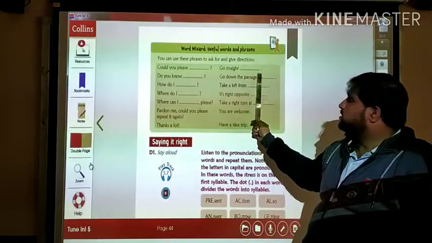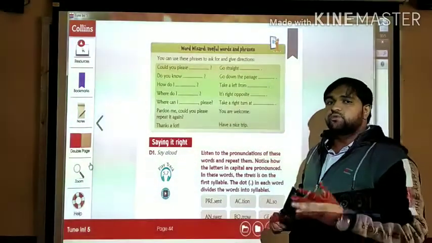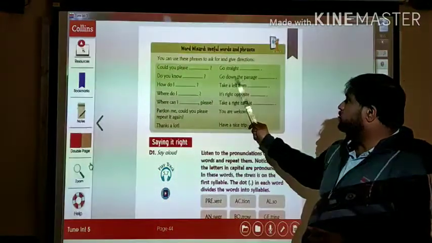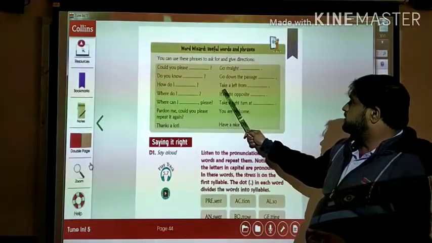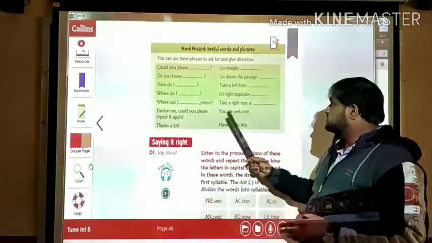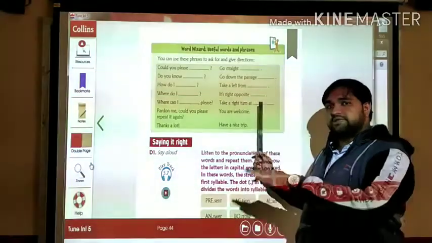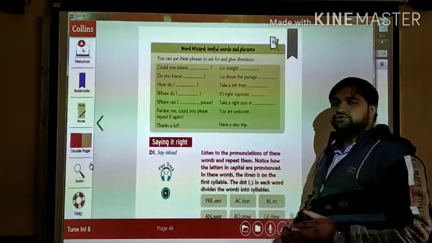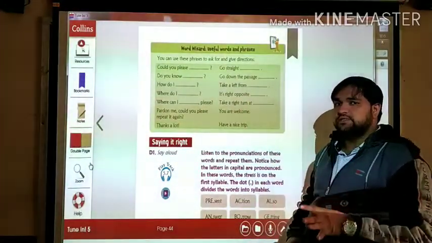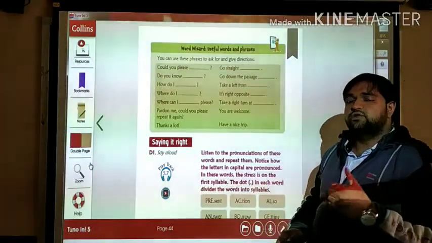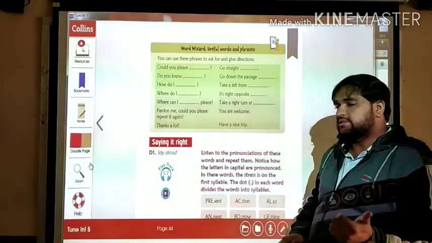And these are also words and phrases you can use when you give directions. Go straight, go down the passage, take a left, right opposite, take a right turn at, and you are welcome at the end. Have a nice trip. So these are the words and phrases you can use when you ask for information and when you give directions, when you give answers.